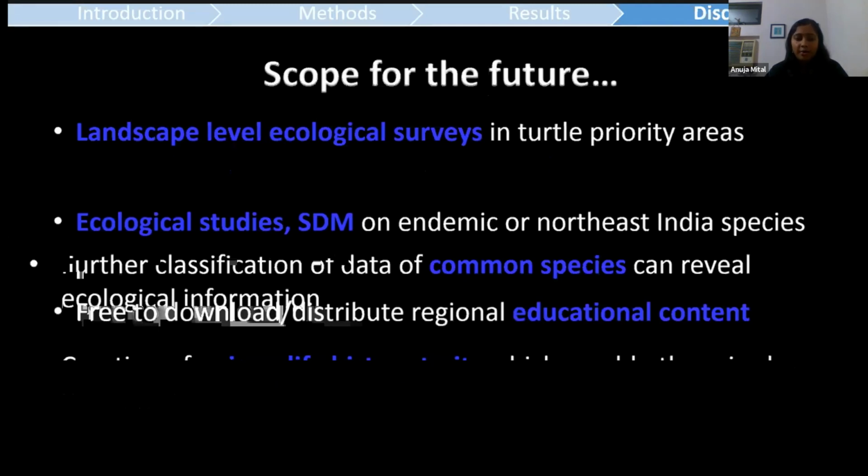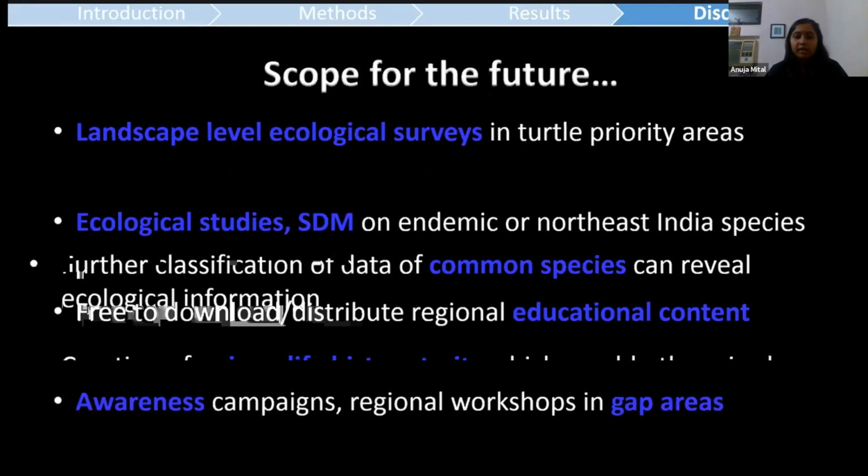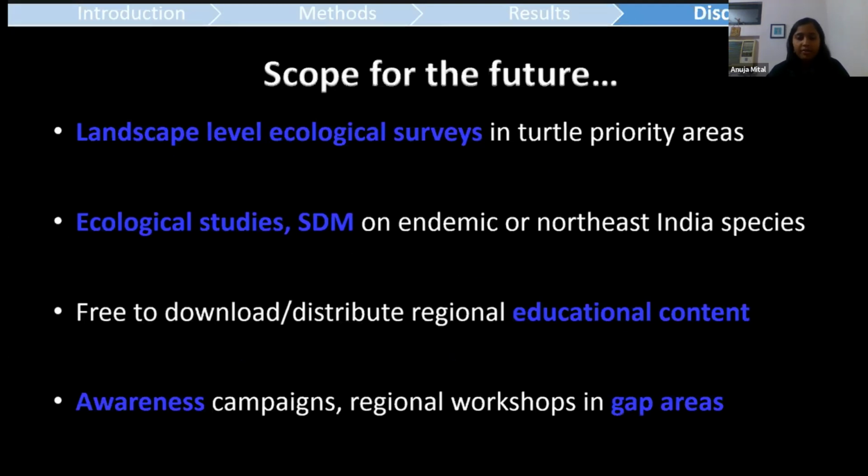We are in the process of disseminating content specific to regions and in regional languages, as Neha mentioned. And we are also working really hard to improve our representation in the gap areas that we have identified. So at IBP, we believe that some data is still better than no data. And as we gather more and more data over time, then we can understand it better.